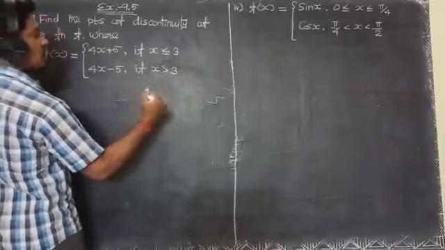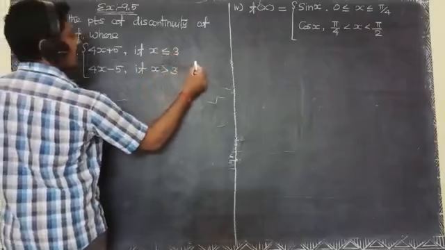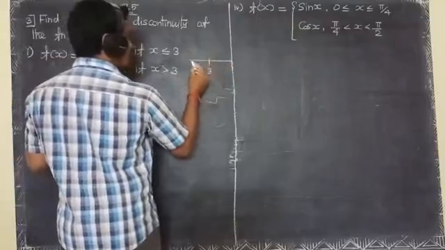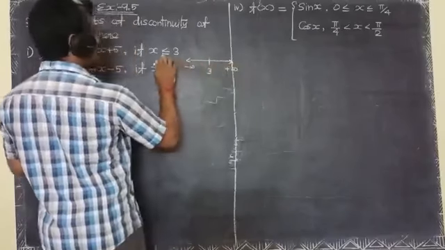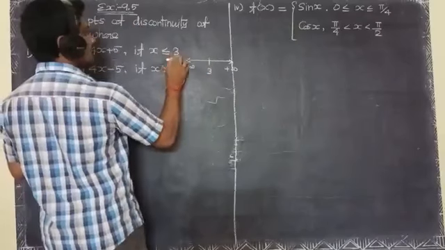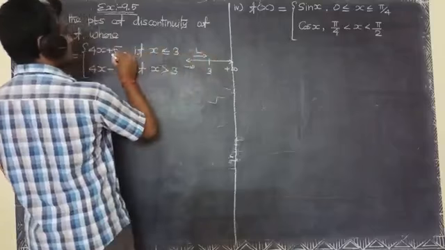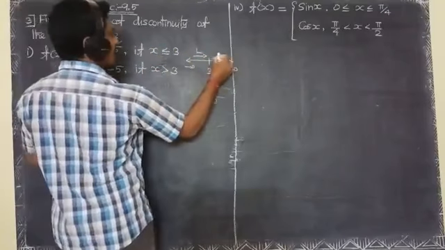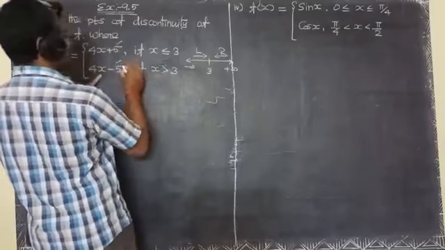Here, x less than or equal to 3 and x greater than 3 means plot 3 on the real number line, minus infinity to plus infinity. Less than or equal to 3 means left approach, using this function. Right approach means using the other function.